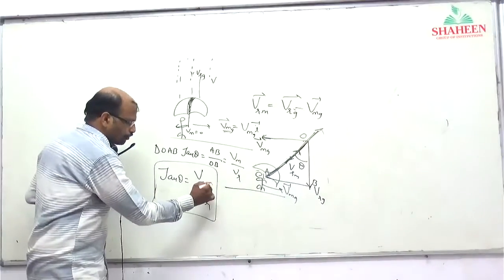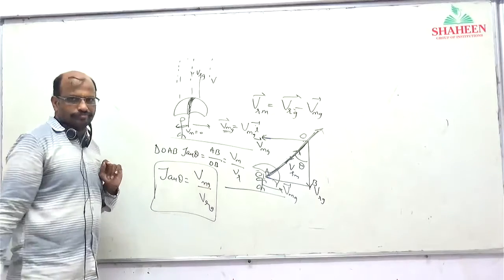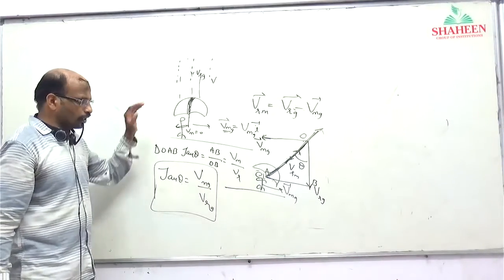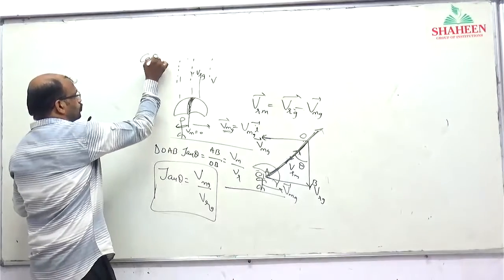These are the velocity of man with respect to ground and velocity of rain with respect to ground. Is this clear? Please draw the diagram. Second case, case 2.